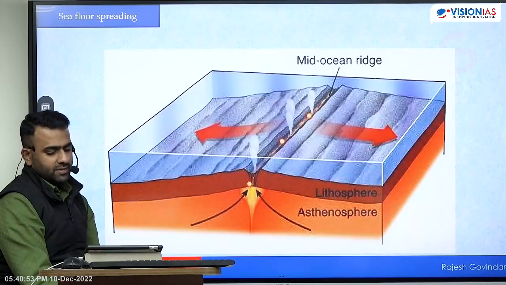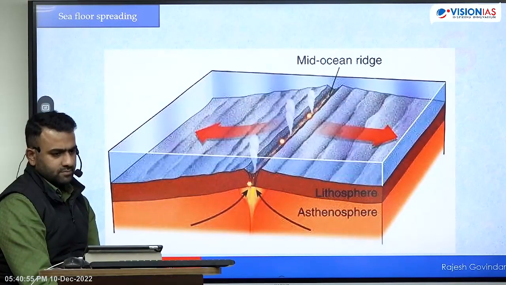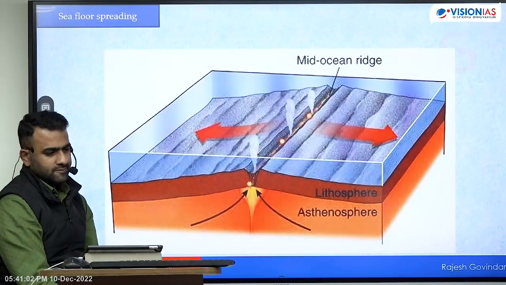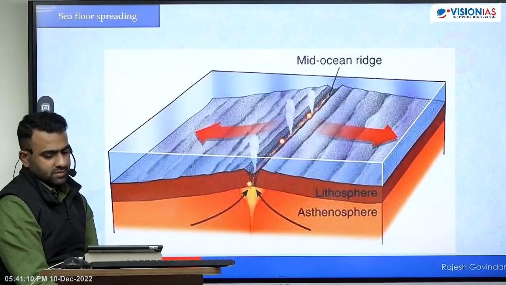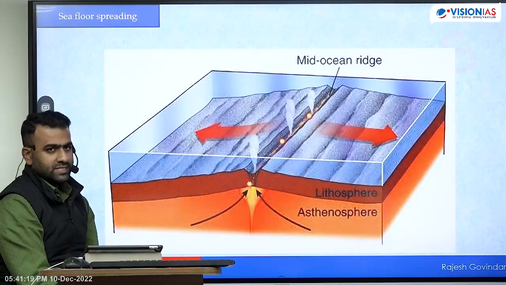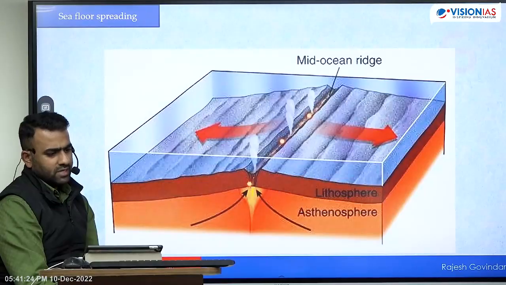Rocks of oceanic crust are younger than the continental crust. Next point. Oceanic crust is thinner than the continental crust.